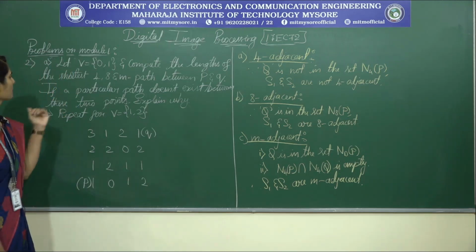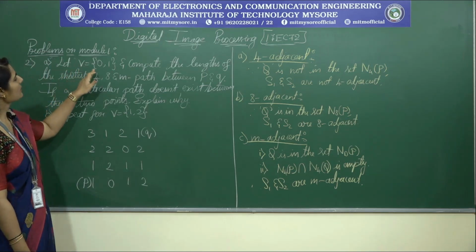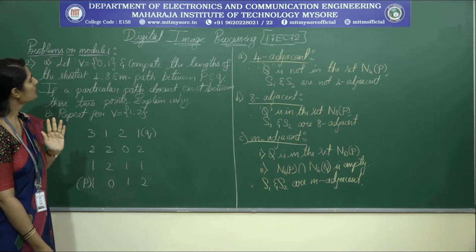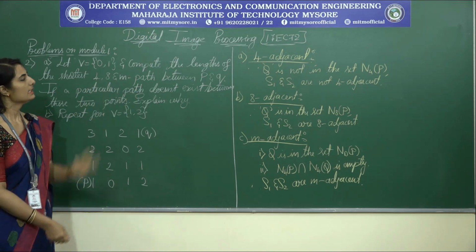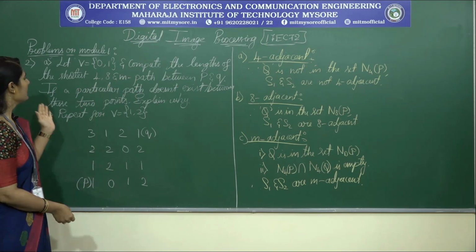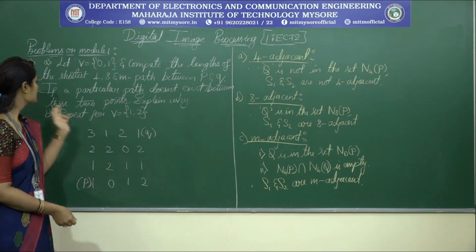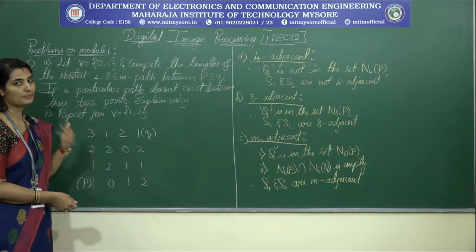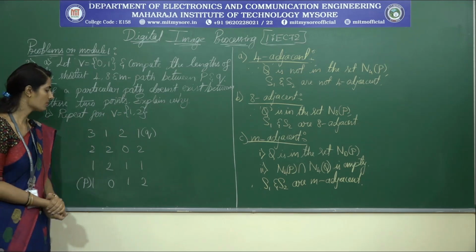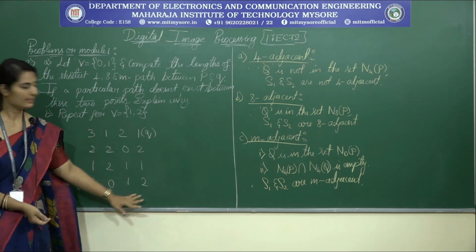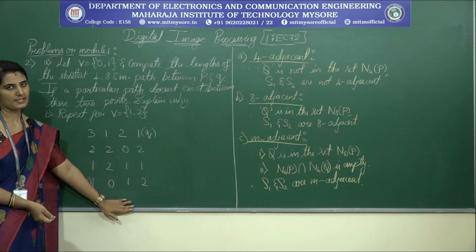Now look at this problem. Let V be equal to {0, 1} and compute the lengths of the shortest 4, 8 and M path between P and Q. If a particular path doesn't exist between these 2 points, explain why, and repeat for V equal to {1, 2}. So here is the given subset.